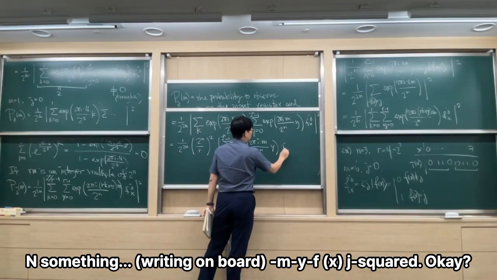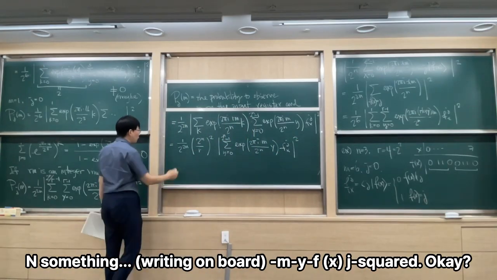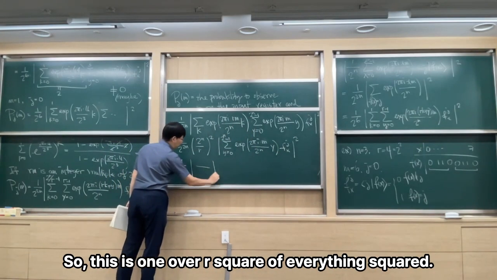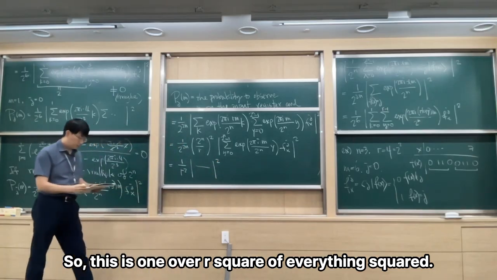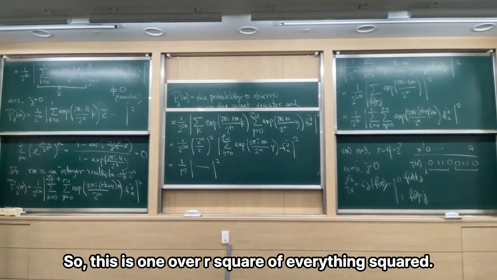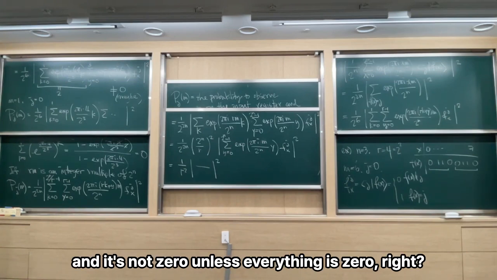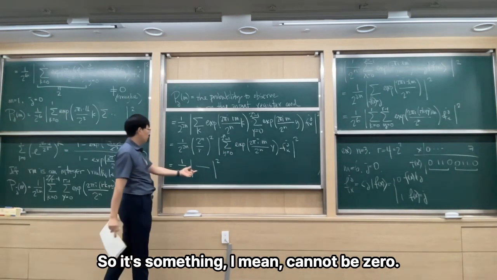My f(x_j) squared. Okay. So this is 1 over r squared of everything squared. So we have this much probability, and it's not 0 unless everything is 0, right? So it cannot be 0.